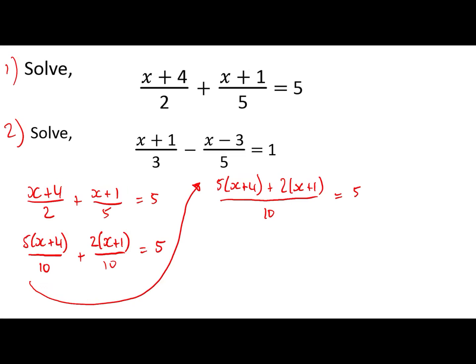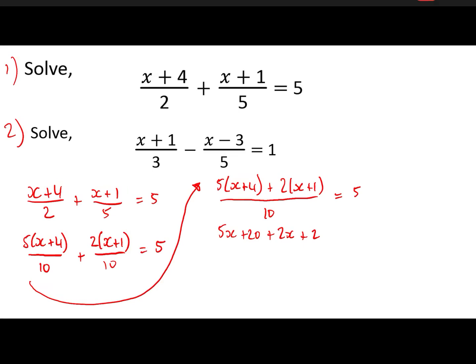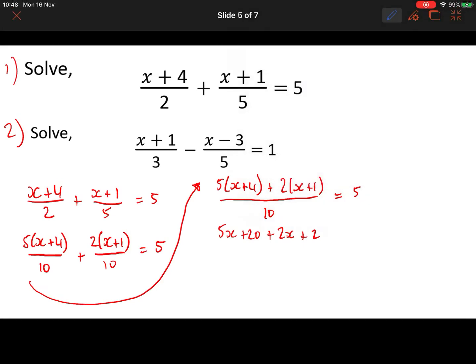Now I can expand and simplify the numerator. So I'm going to get 5x plus 20 plus 2x plus 2. That's what I get if I expand. Remember, 5 times x and 5 times 4, 2 times x and 2 times 1. And I'm dividing all of that by 10, and that's equal to 5. So I've expanded. Now I need to simplify.